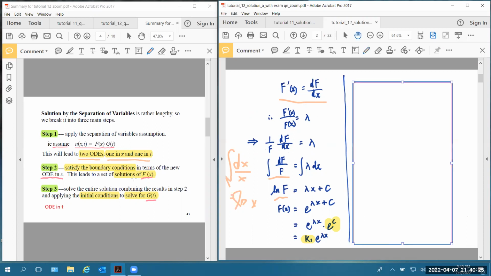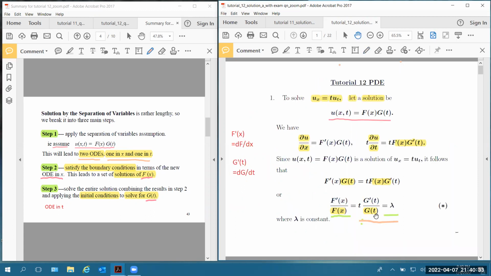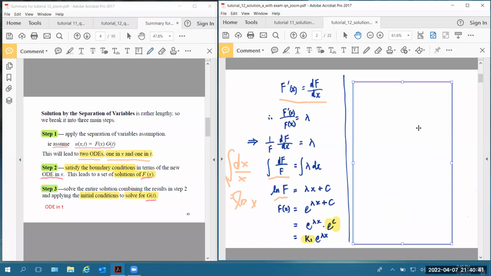All right, now I'm going to step 3. So now I'm going to look at the ODE in t. Remember how to get the ODE in t? We look at the beige color line, right? So t g prime over g equal to lambda. So we get from there. And here we also write down the g prime t means dg dt.